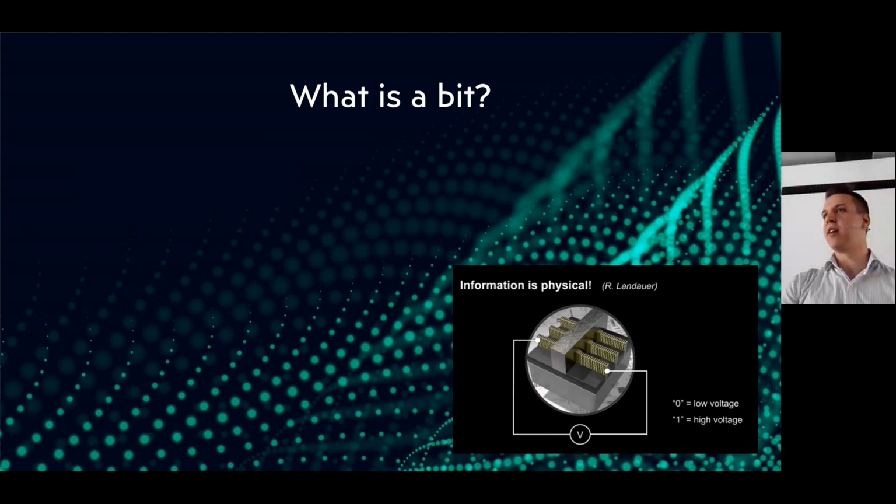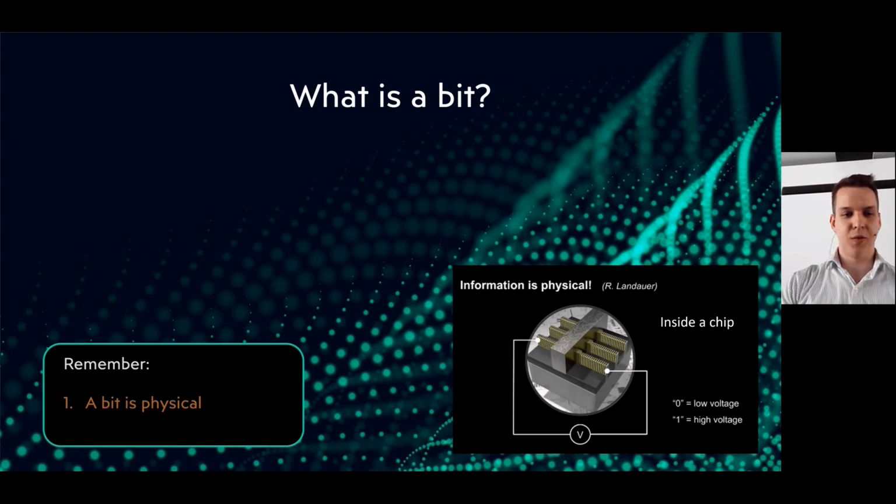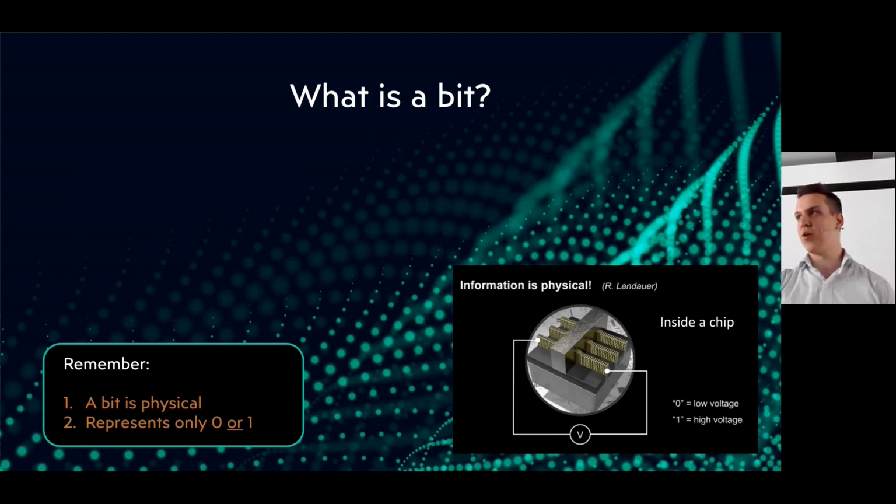A bit is short for binary digit, so either 0 or 1. And this is how it looks inside the chip. So we need to know that the bit is physical. There's no spooky magic inside, and it represents only 1 or 0.